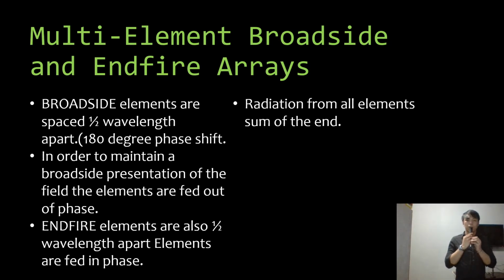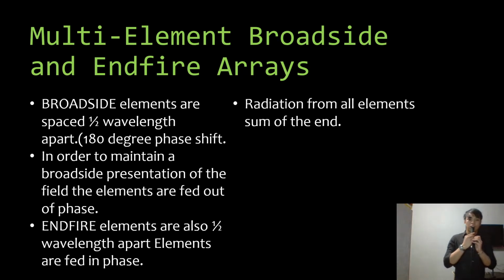So multi-element broadside and end fire arrays. Broadside elements are spaced half wavelength apart, which is a 180 degree phase shift, and in order to maintain a broadside presentation of the field the elements are fed out of phase, and the end fire elements are also a half wavelength apart, and are fed in phase.